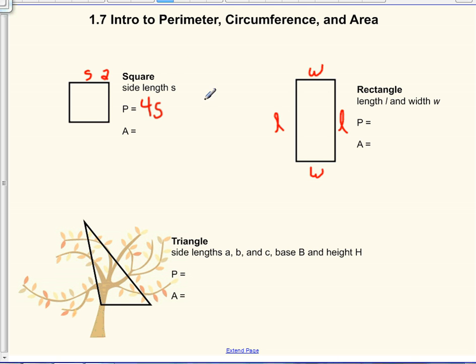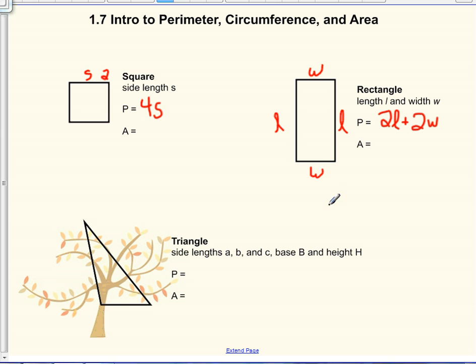So, going with the same idea as with the square, instead of just adding them all up, we can actually make a formula out of this. We could say 2 length plus 2W, because there are 2 lengths and 2 widths.